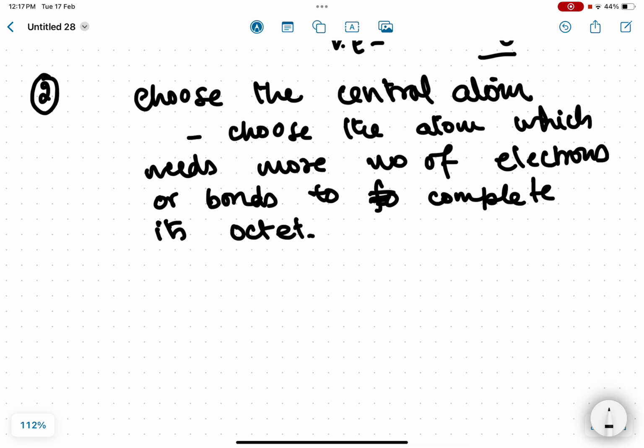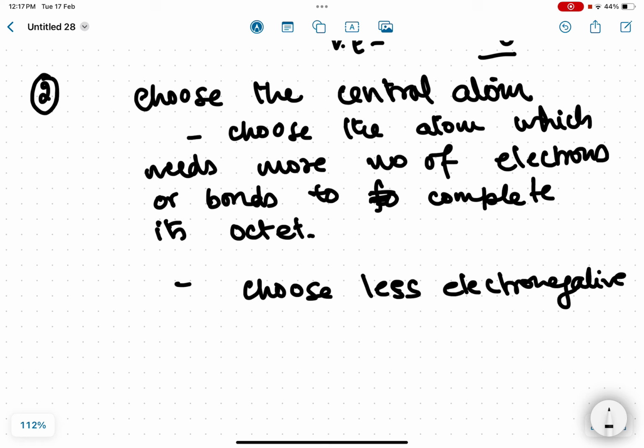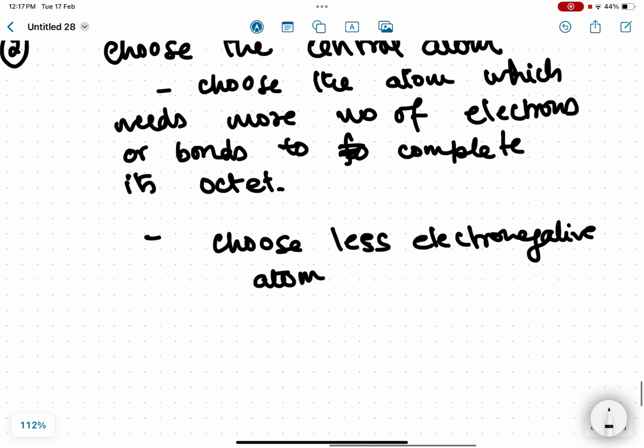Another guideline could be to choose the less electronegative atom. In this case, clearly we will go with the first guideline, and here oxygen needs 2 electrons to complete its octet, and hydrogen needs only 1. So here we will keep oxygen as the central atom and hydrogen as the terminal atom.